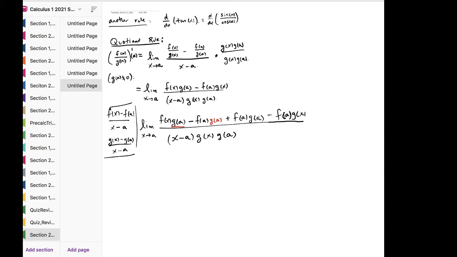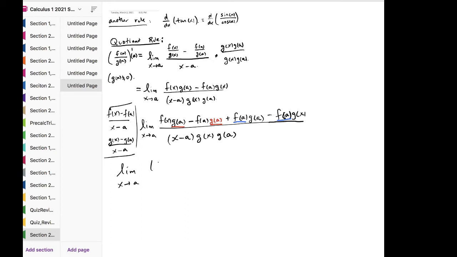Okay, so now let's see what this becomes. So the whole point of doing this was to bring in a g of a here, and then in doing so, we have something else that we can factor. So we have g of a, f of x minus f of a. Or let's put it, I like the g on the other side.